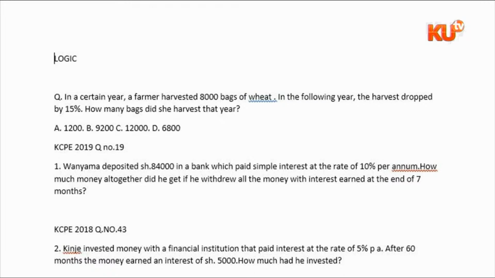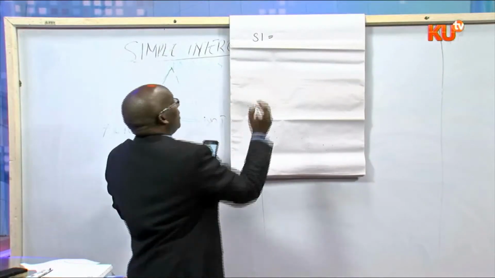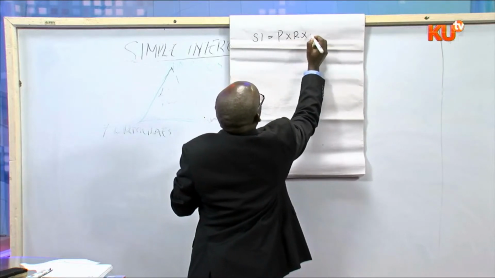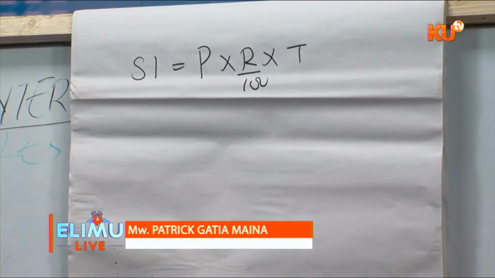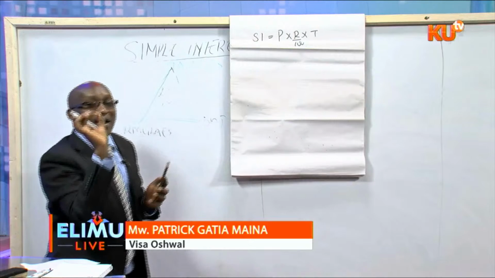And so we have said that the first thing that you're supposed to do is to have the formula for finding simple interest, which is principal times rate times time, but rate is all over 100. That is the formula that is supposed to apply in all the cases where any of these variables is being asked.